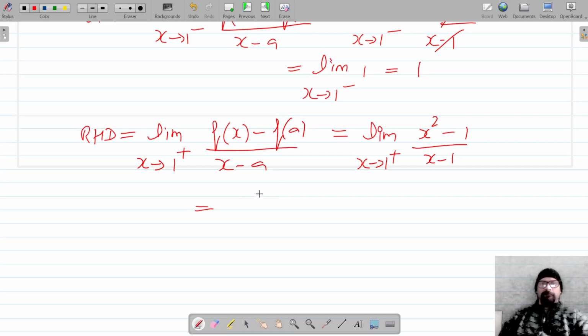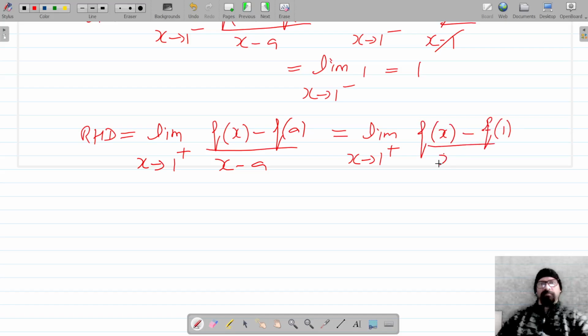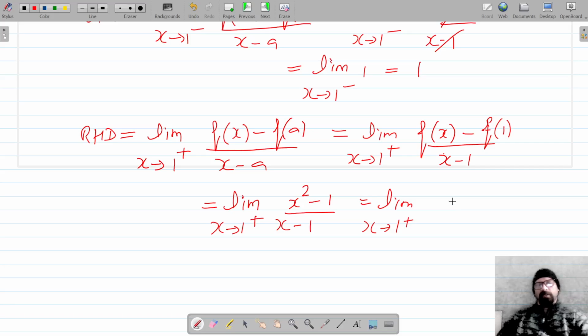So to make you understand better, I can write it as limit x tends to 1 plus, f of x minus f of 1 upon x minus 1. So this becomes limit x tends to 1 plus, f of x is x squared, f of 1 is 1, upon x minus 1, and we can use a squared minus b squared, which is a minus b into a plus b.